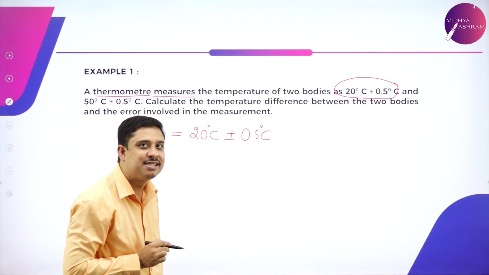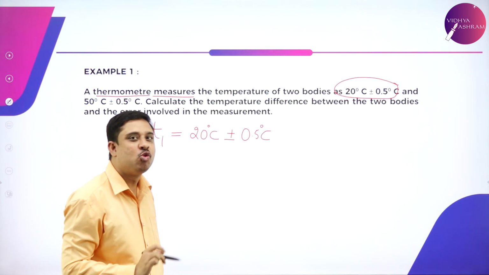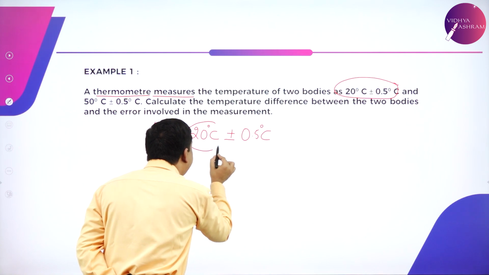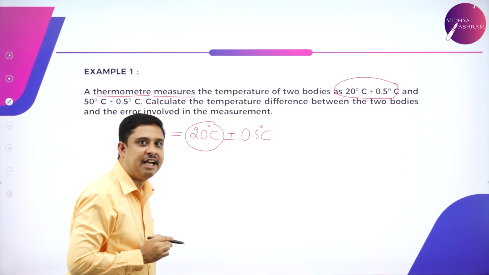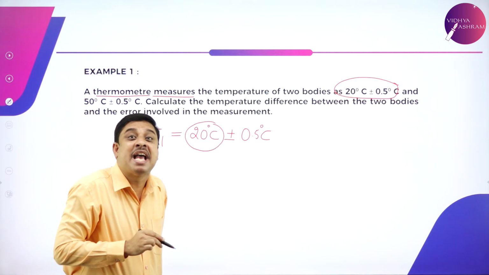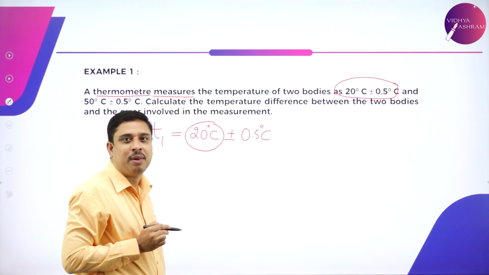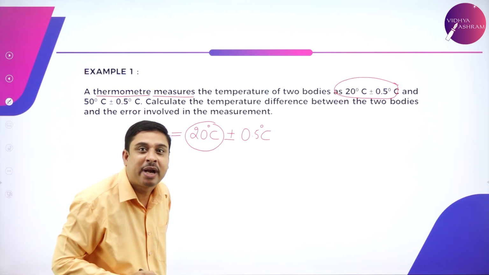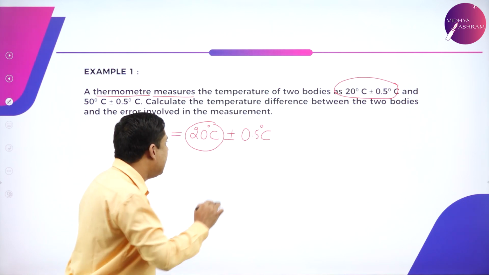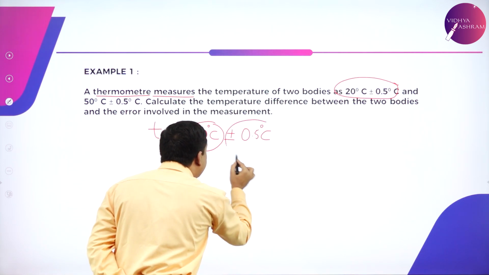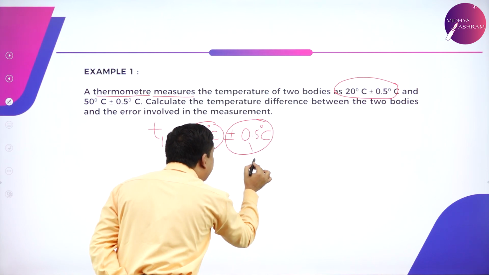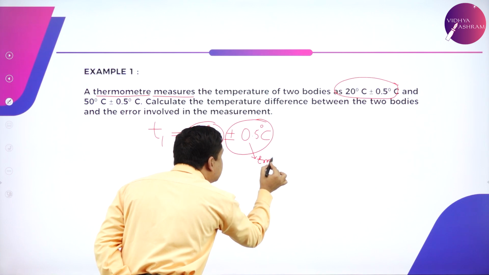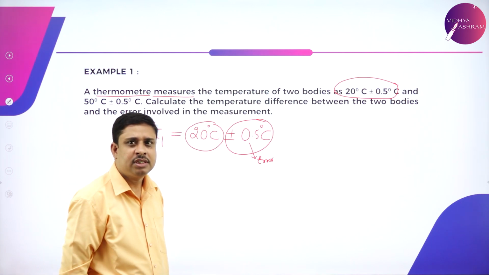My dear students, please understand this 20 degrees Celsius is the measured value, the measured temperature, and anything with plus or minus is what is called an error.